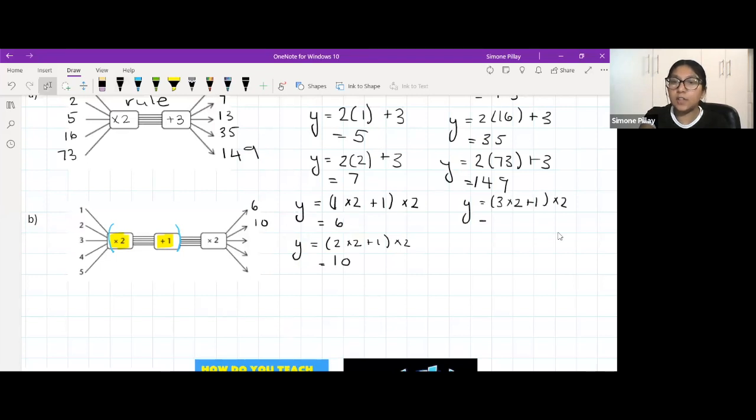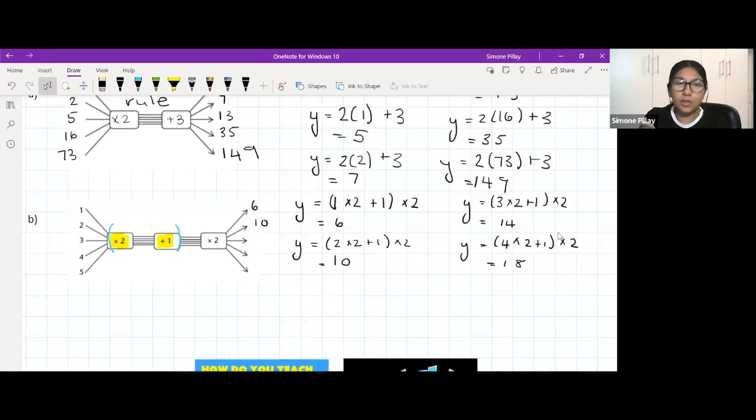Again, guys, very repetitive. Once you've done the first one, you're basically just repeating it all over again with different inputs. So 3 times 2 is 6, 7, 14. And then we have our input of 4 times 2 plus 1 multiplied by 2. 4 times 2, 8 plus 1, 9 times 2, 18.